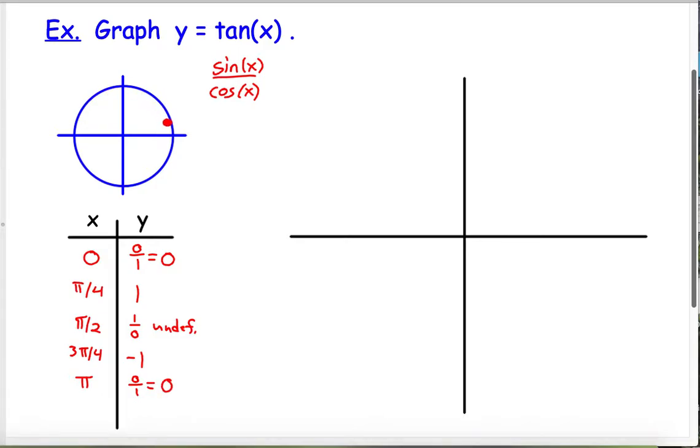And let me go the other way, so let's get some negative values. What if I go down this way at negative pi over 4? The sine and cosine are both root 2 over 2, except this time the cosine's positive and the sine is negative. So when I divide those, I get a negative 1.